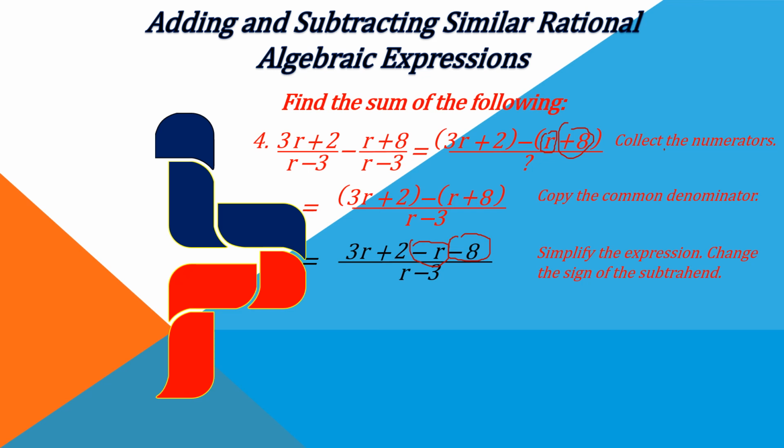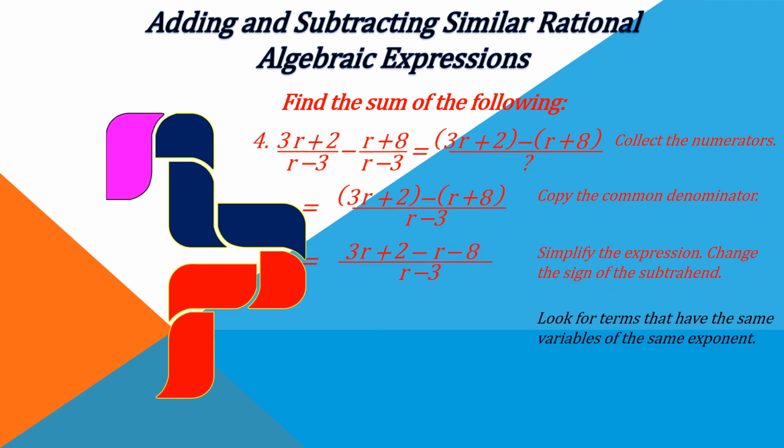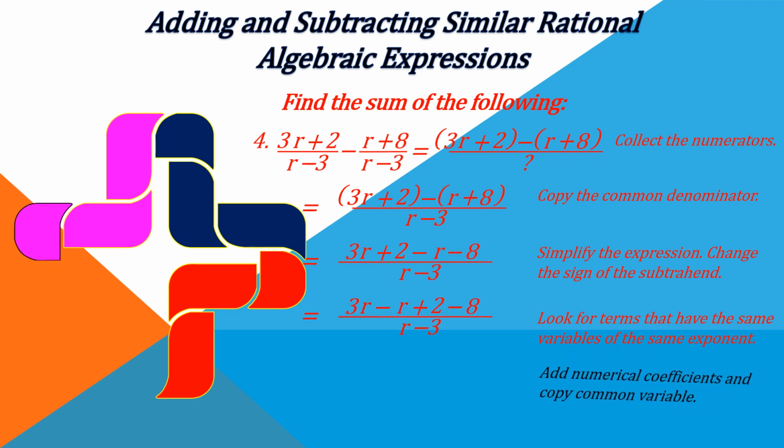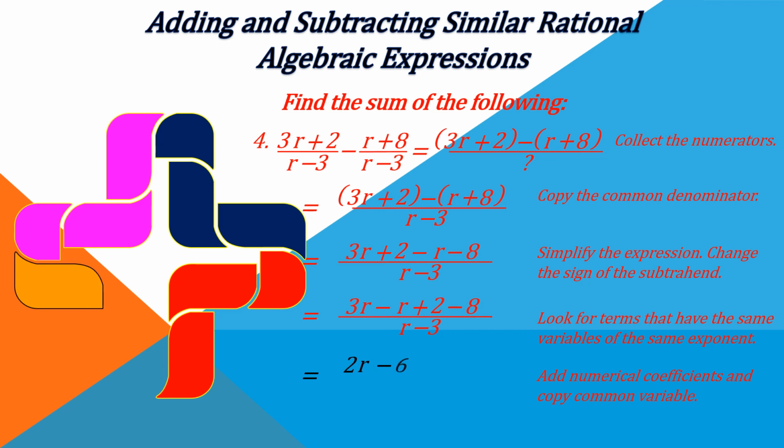Now we have this simplified expression. We have to add the terms that have the same variables of the same exponent, and that is 3r minus r plus 2 minus 8 over r minus 3, and it is equal to 3r minus r is equal to 2r, plus 2 minus 8 is equal to minus 6 over r minus 3.